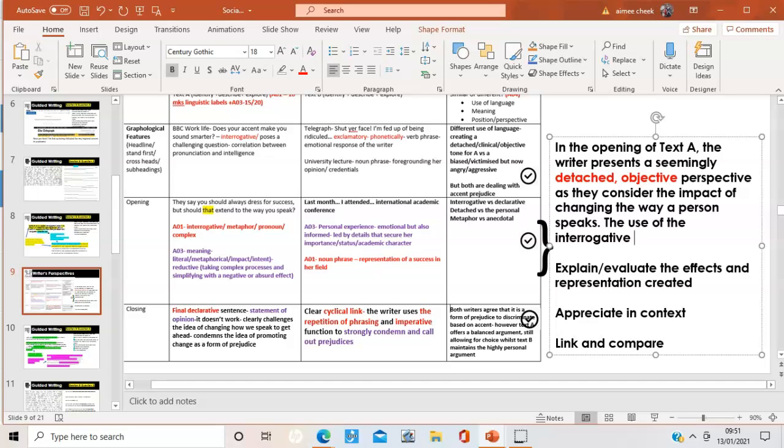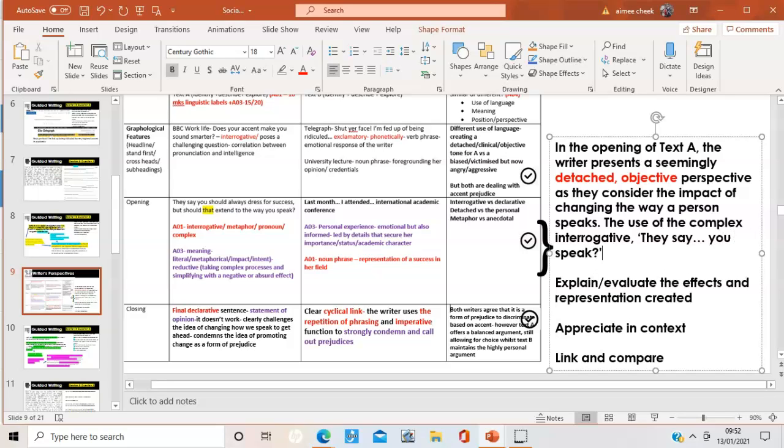So I'm just going to go back. So the use of the complex interrogative. Now, when you're quoting, again, you don't always have to use the full quote. You can use the ellipsis, which is the three dots, to compress the quote.